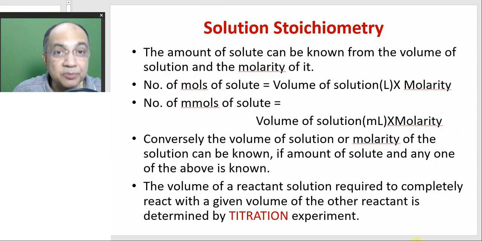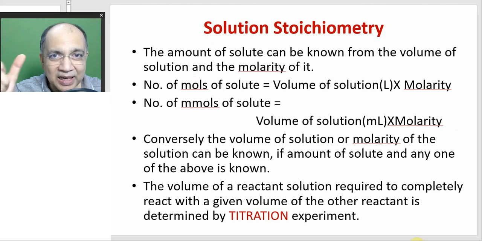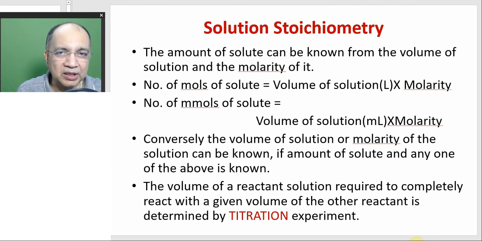And the experiment by which we measure the volume of the solution which exactly can react with a given volume of the other reactant having a known concentration, that experiment in which the unknown out of these three, the amount, the volume of the solution and molarity, is determined, is a titration experiment.